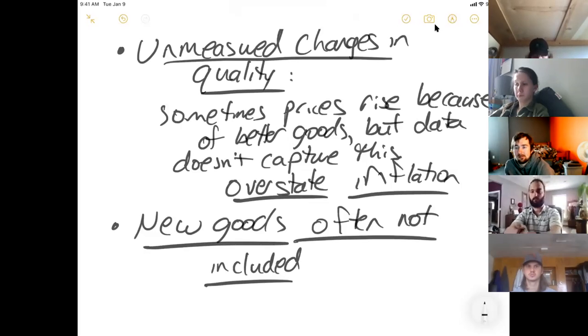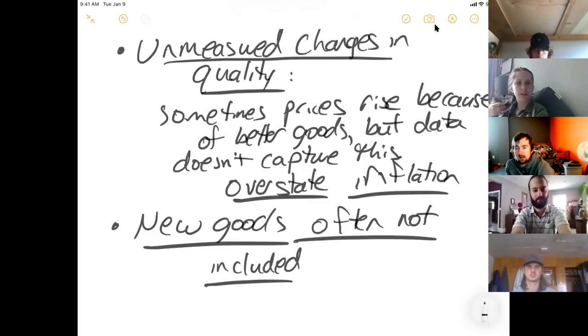How many movies have you been to in the last year? No, we're not going to movies, we're streaming. And I suspect that when COVID is over, we're not going to go see as many movies as we did before. So these new goods are often new goods because they're cheaper.